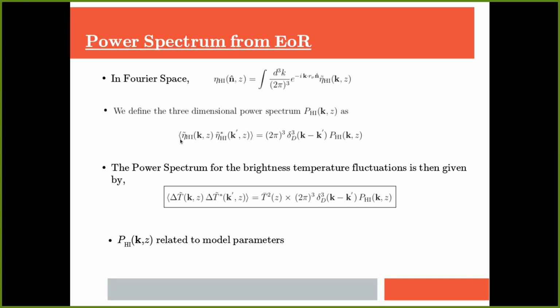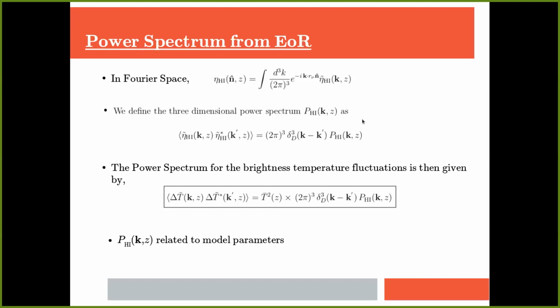So the correlation between the eta tilde at two k modes, k and k prime, gives us the power spectrum, where we see this delta function denotes that the power in the two k modes is uncorrelated. So only for k equal to k prime, we get the power spectrum, otherwise the power is uncorrelated.